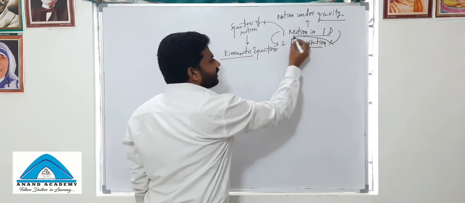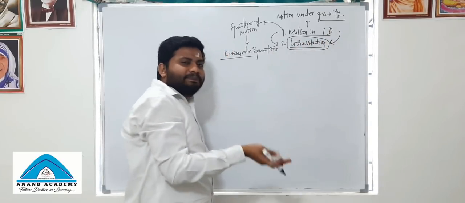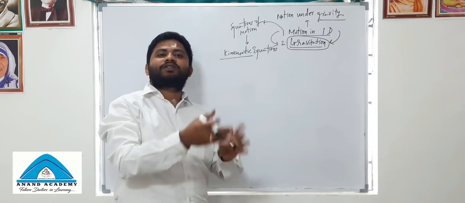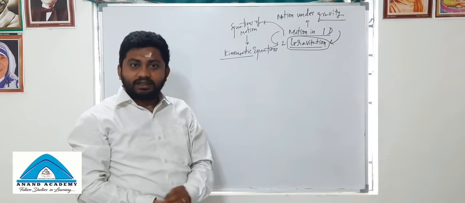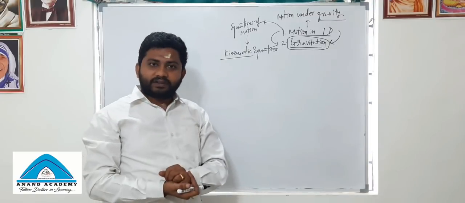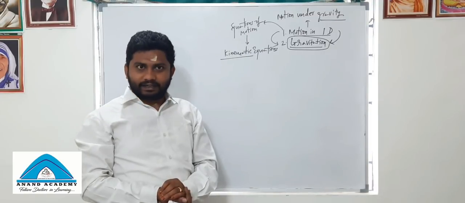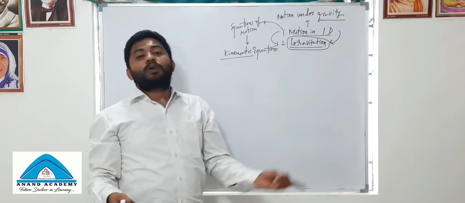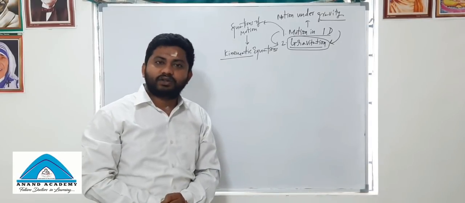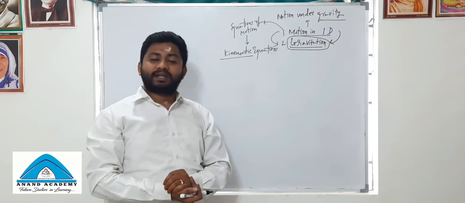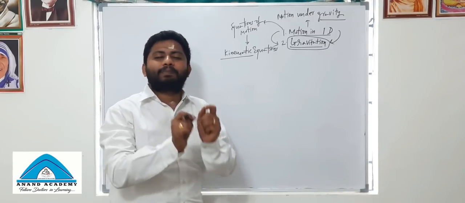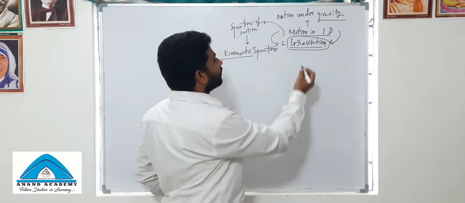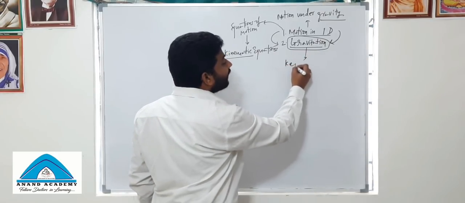Then the gravitation chapter, this is our previous chapter. In this chapter, we started with the difference between gravity and gravitation, then Newton's laws of gravitation and many numericals related to that, and acceleration due to gravity, with many factors affecting acceleration due to gravity along with the numericals, and finally Kepler's laws of planetary motion.